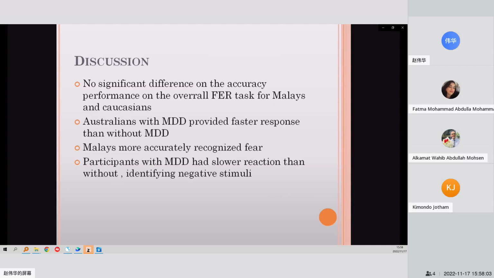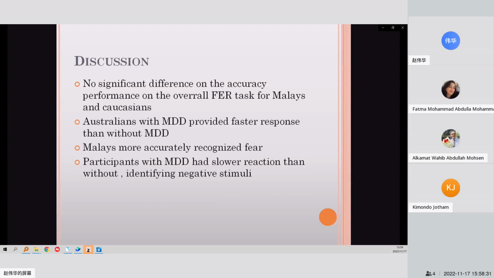Now let us discuss our results, the results of this paper. No significant difference on the accuracy and performance on the overall FER tasks was seen for the Malaysians and Australians.